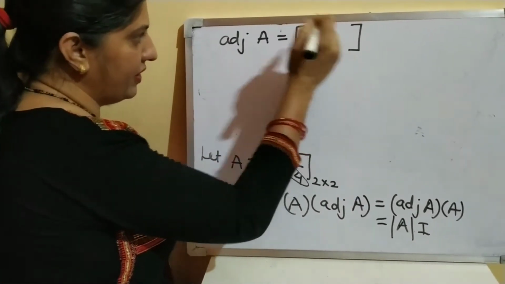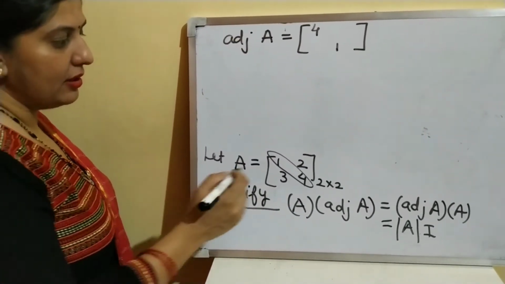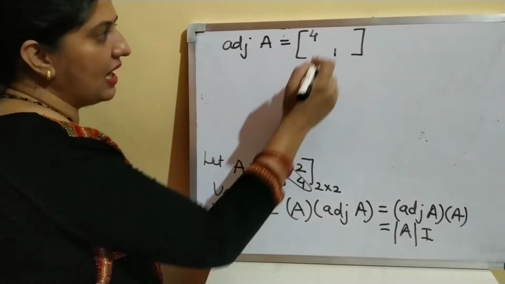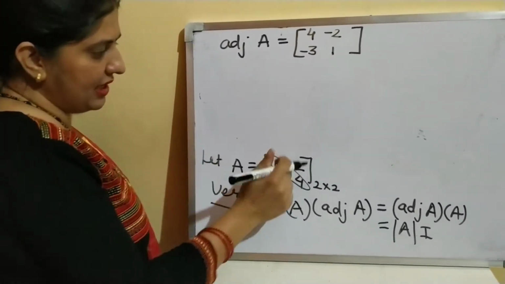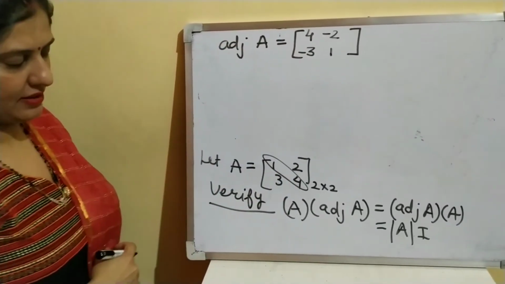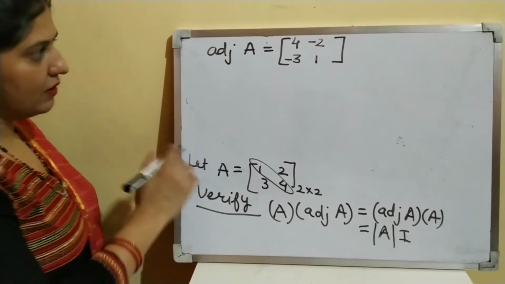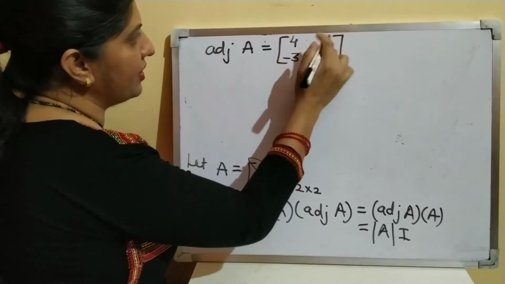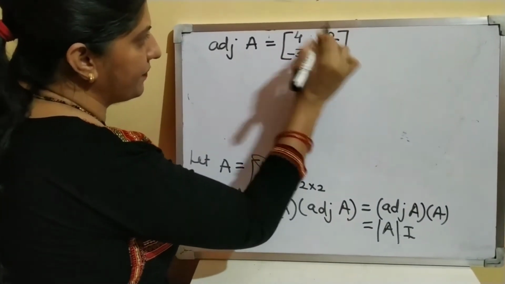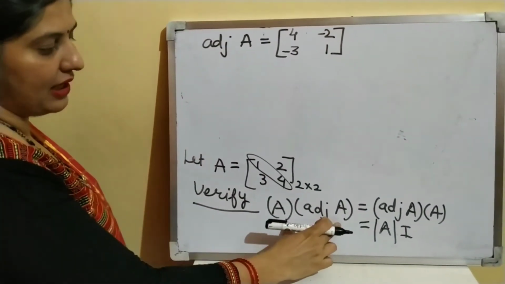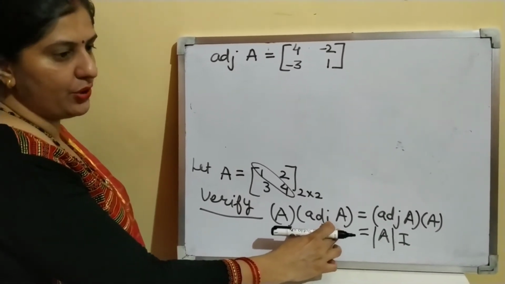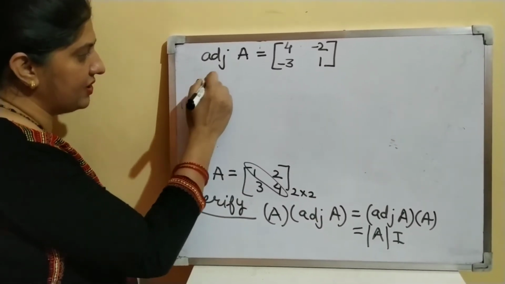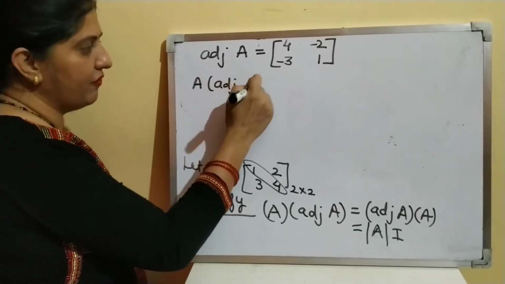We get 4, 1, and by interchanging sign of non-diagonal elements. 2, 3 as it is, we change the sign. So this is the adjoint of the matrix A. Now we have to calculate first term, which is A into adjoint of A. So calculate A into adjoint of A.